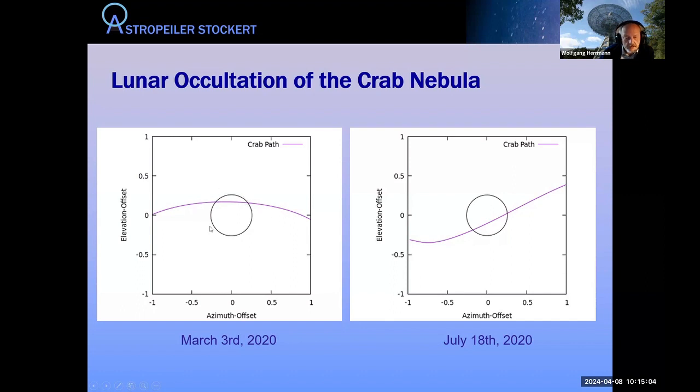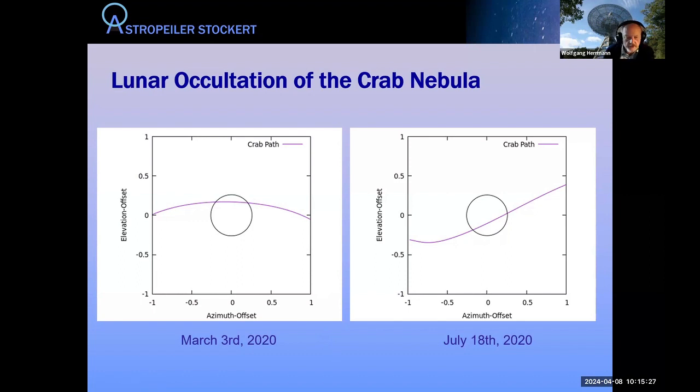So this was March 3rd, and you can just imagine that as we were tracking the object, we were following this path, and then eventually it was hitting the moon. And on July 18th, a different path was followed, just because it's a somewhat different scenario there.